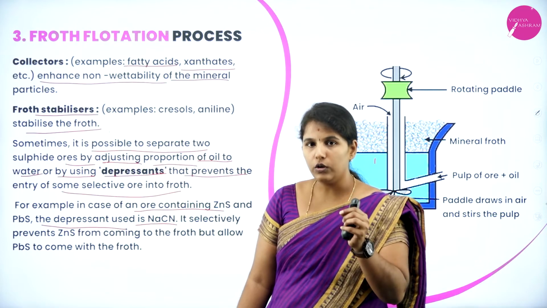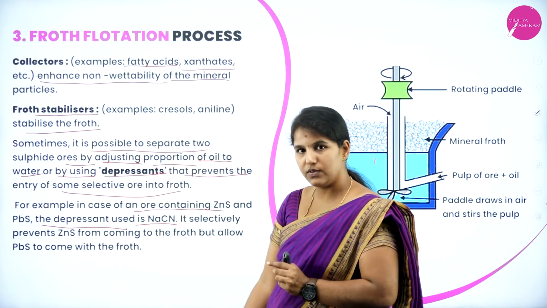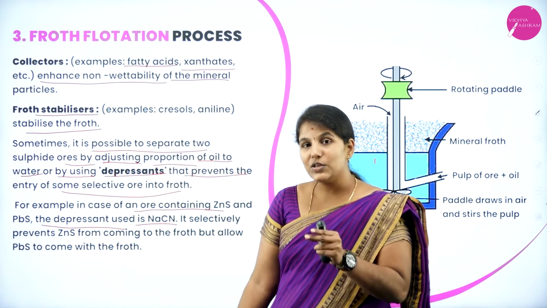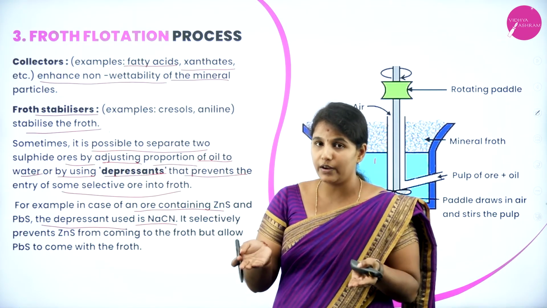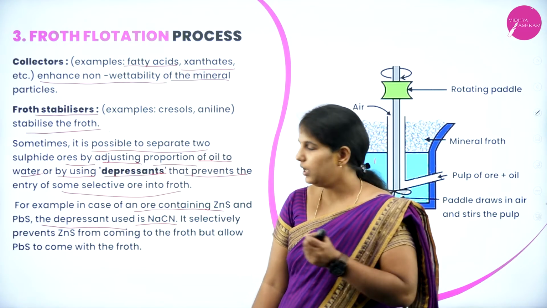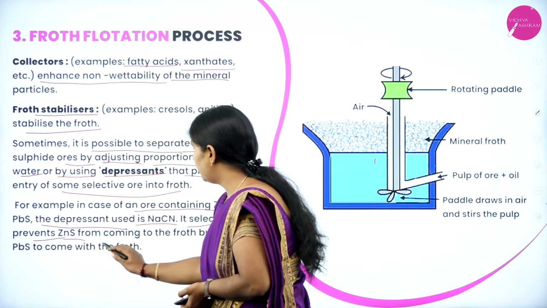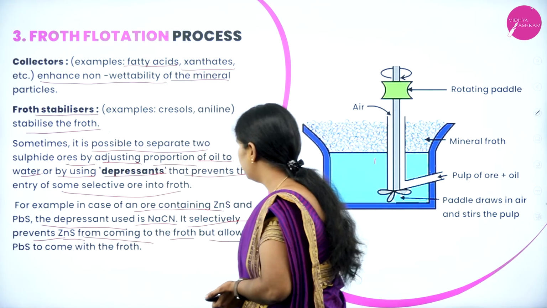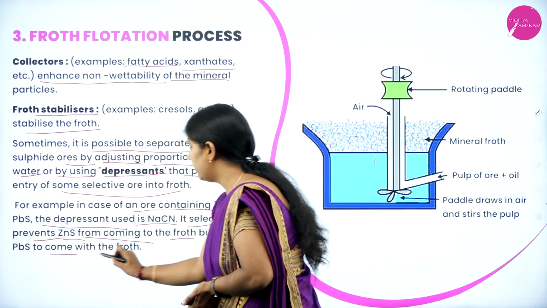Suppose your ore consists of both lead sulfide and zinc sulfide. In such cases, they use the depressant. It will separate the two sulfide ores in the froth. It selectively prevents the zinc sulfide from coming out in the froth but allows the lead sulfide to come with the froth.